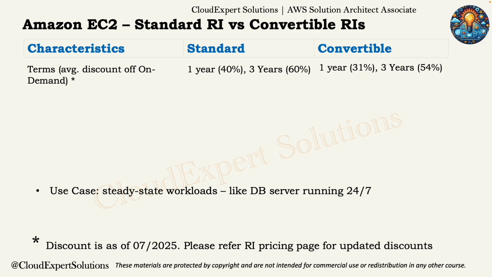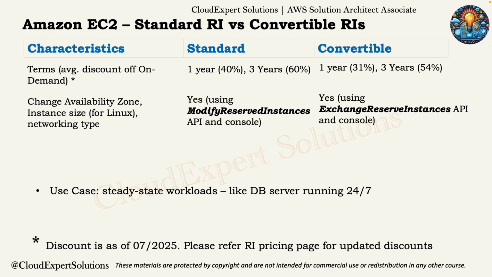Please note that these discounts, 40%, 60%, are based on July 2025 data. If you are following this video after 1 year or 2 years, please refer to the reserve instance pricing page for any updated discounts, because AWS changes these percentages frequently.